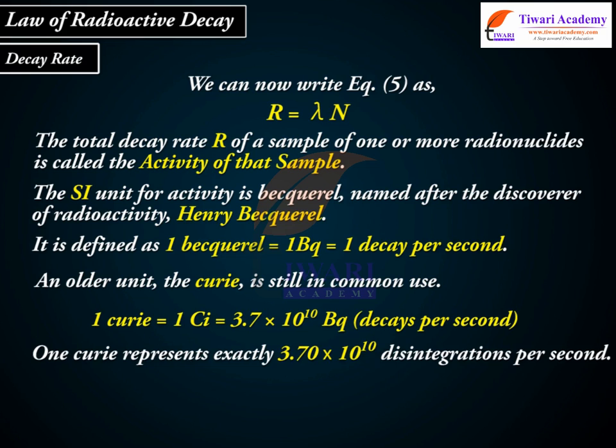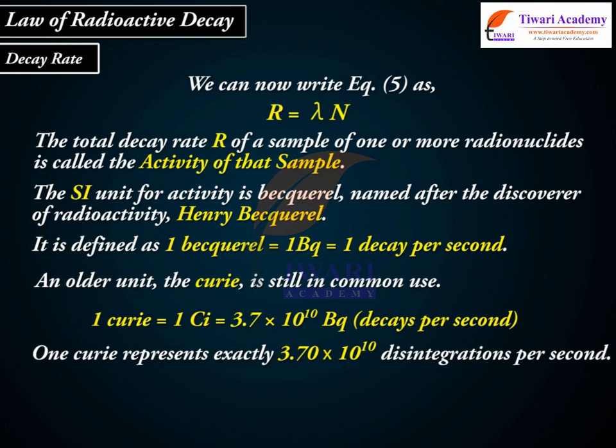When t is equal to T half, N is equal to N naught upon 2. N naught upon 2 is equal to N naught e raised to power minus lambda T half. 1 upon 2 is equal to e raised to power minus lambda T half.